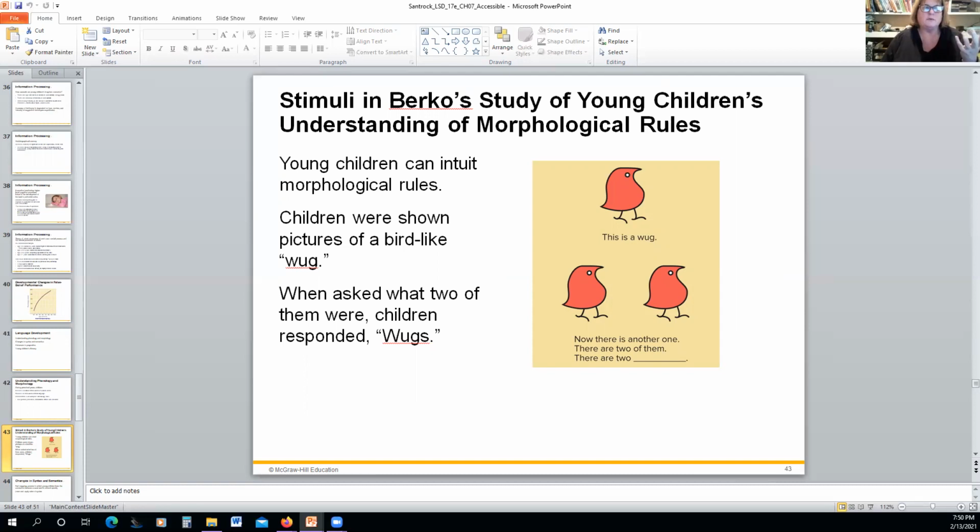Like you can teach them the word wug, and if you show them two, they will actually say wugs, but wugs is a made up word. So we know that they're using the correct grammar, or trying to, with learning this new word. So I have a whole list of videos here that I will post for you, that I think will be helpful.